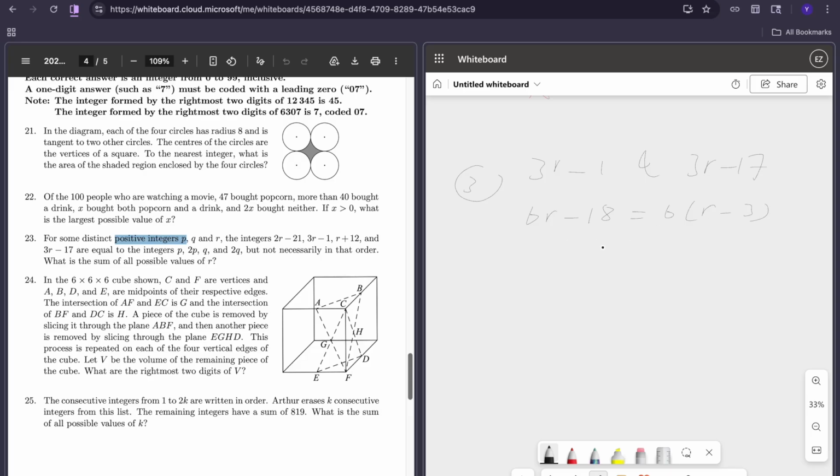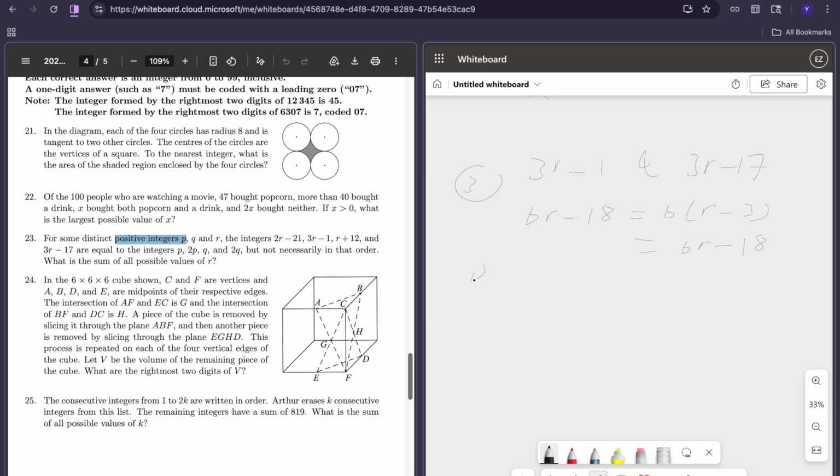And we can see both sides are equal, because the other side is equal to 3r minus 18. Which means in this case we might find a possible value for r. So we substitute into the cases. So we assign 2r minus 21 and r plus 12 to them.